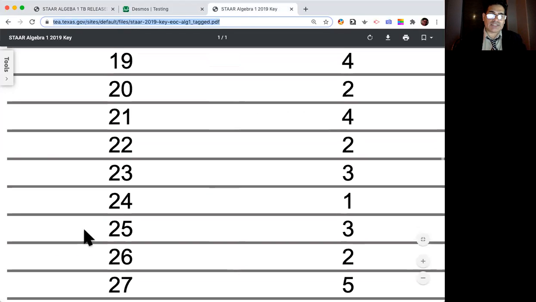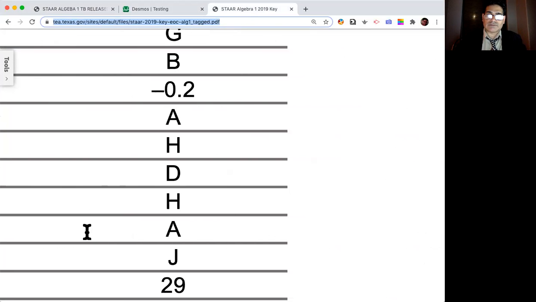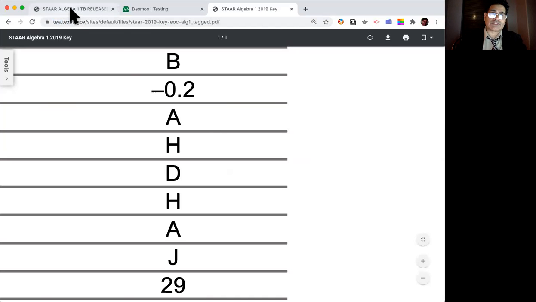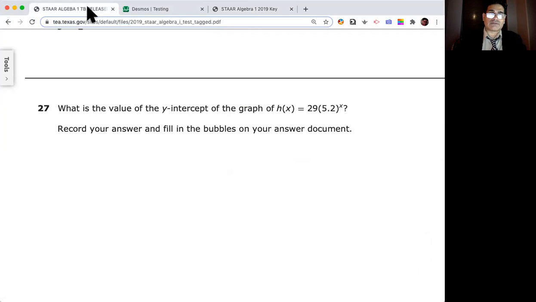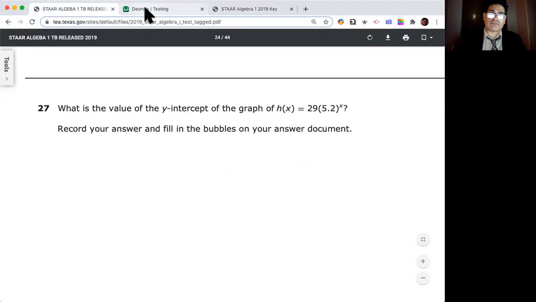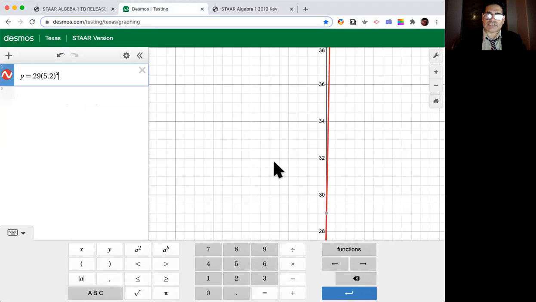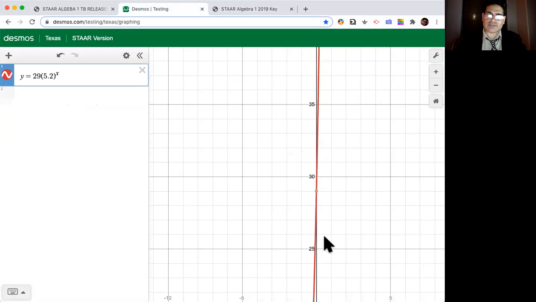Answer key says 29. 29 only, the number in front of the parentheses. Okay, and Desmos did help us with that, at least to visualize it and say, look, it's going up my y-axis. And do you need Desmos? Well, just remember that number in front of the parentheses, but it may take on a different appearance next time.